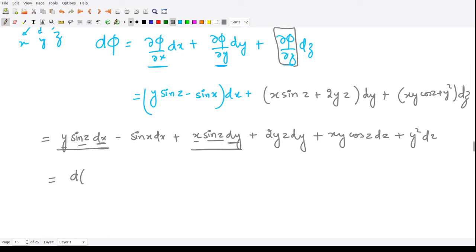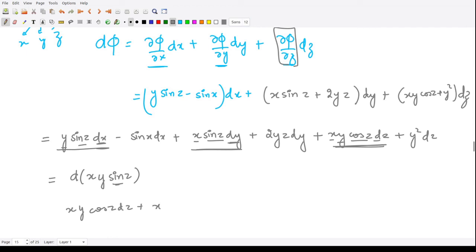And moreover, you have this term also, where you are seeing x and y as such, and the derivative of sin z, which is cos z into dz. So basically all these three terms come from x y sin z. If you differentiate it, firstly you write x as such, y as such, and the derivative of sin z would be cos z dz.